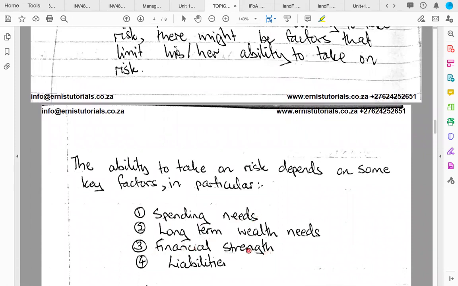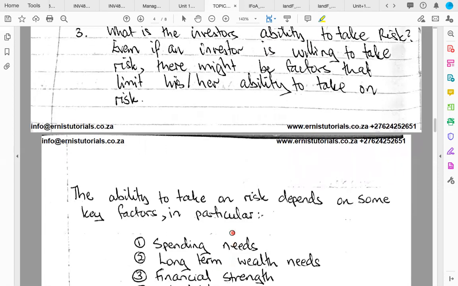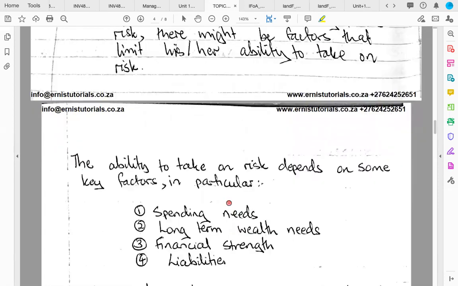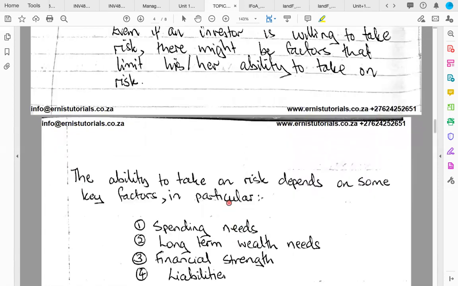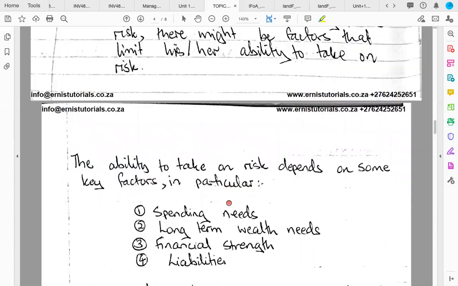They have a lot of money tied up in cash. They are very secure. They have very little liabilities, very little expenses they're spending money on or need to spend money on soon. And they don't have any immediate needs in the short term or long term occurring. That would mean that this person is really comfortable and they are able to take on a lot of risk.